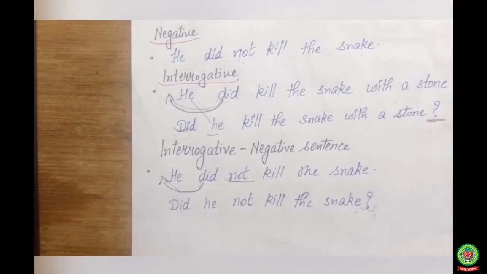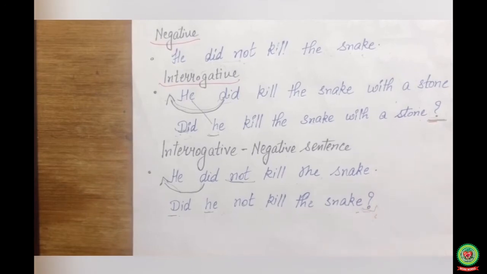Now see, did, D has to be capital, and your he has come here, H has to be small, and after the snake you have to mark a question mark. So with this, you will be able to frame your simple sentence, interrogative, negative, and interrogative negative.